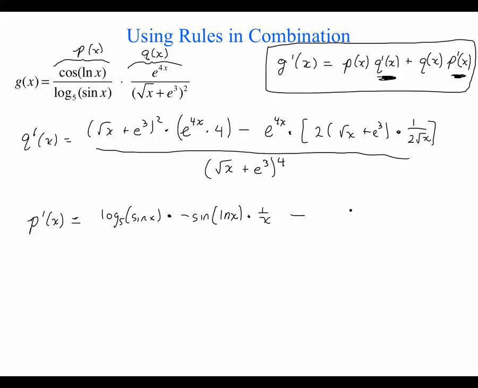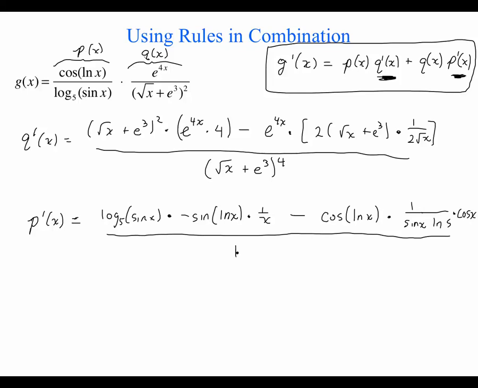Minus high d low. So now we're doing the rate of change of the denominator here, which will be 1 over, should be familiar, natural log of 5 times all over this log thing squared.